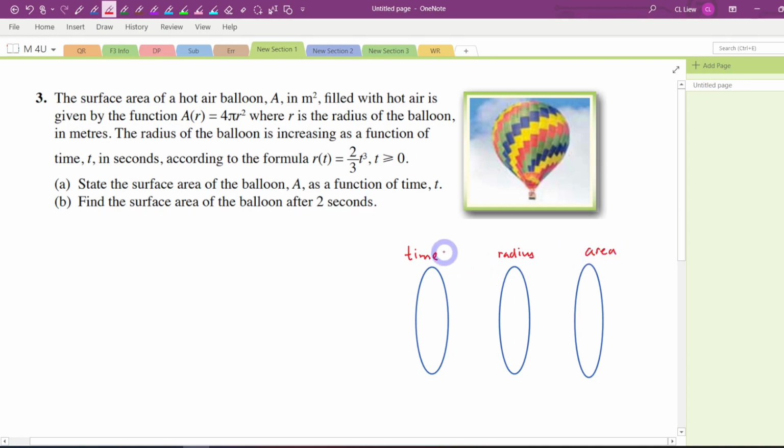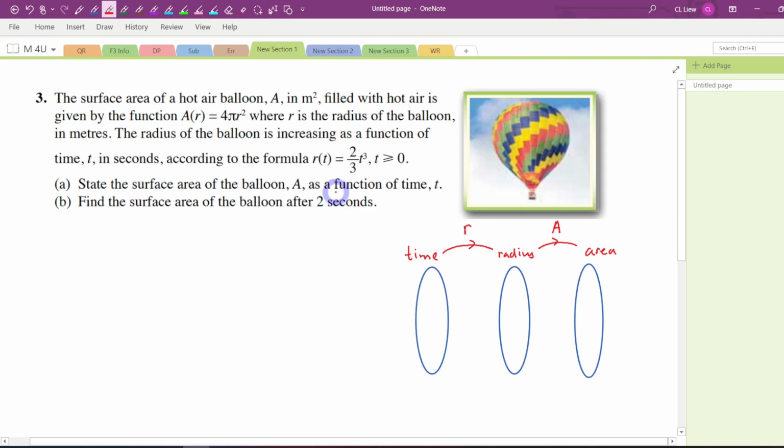So we use time to help us to get the radius. This function can help us to get the radius by using the time, right? So this is a function r. And once we have the radius, we can use this function to help us to get the area. So this is a function a.